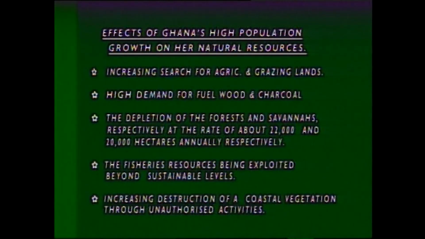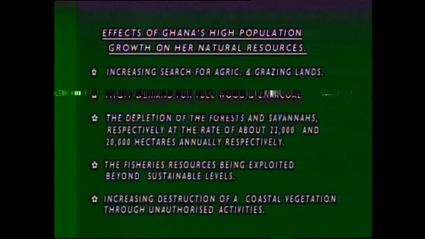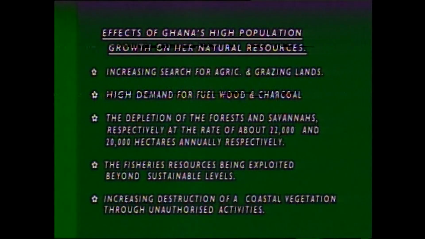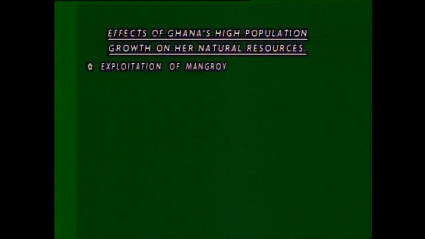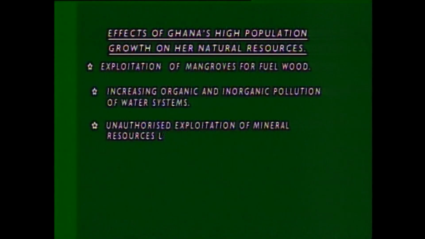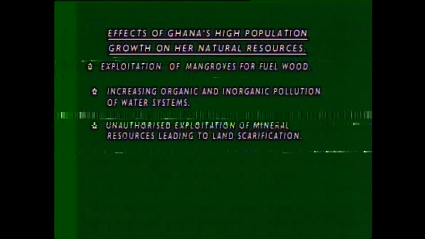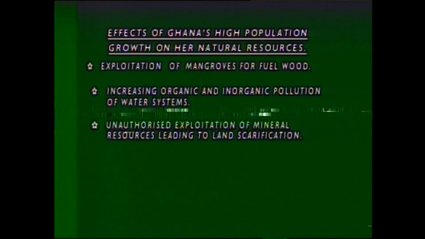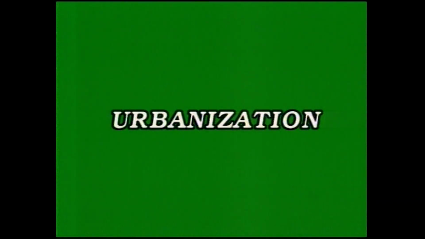The fishery resources being exploited beyond sustainable levels, increasing destruction of coastal vegetation through unauthorized activities, exploitation of mangroves for fuel wood, increasing organic and inorganic pollution of water systems, unauthorized exploitation of mineral resources leading to land scarification, urbanization.